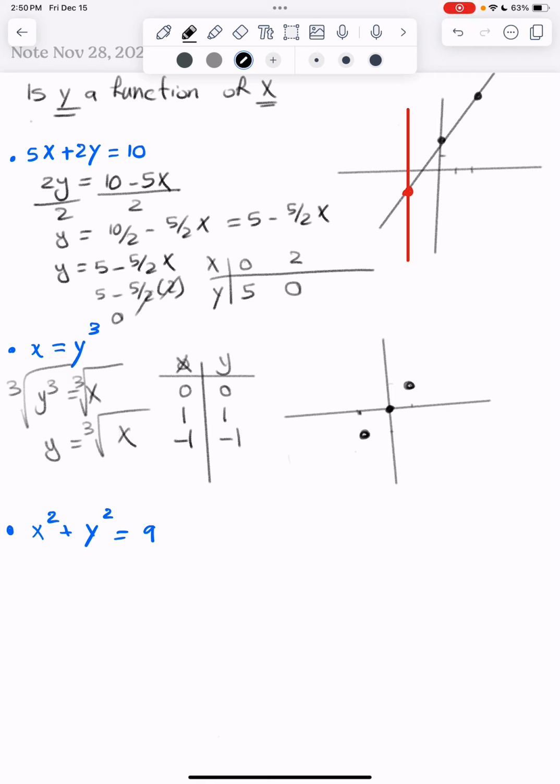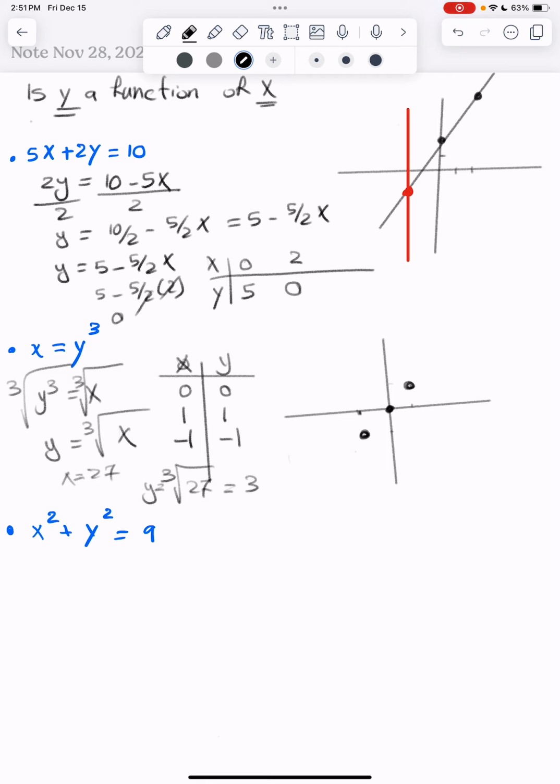So for example, let's say x is 27. Now y is the cube root of 27, and that is 3, right? So as x is getting way bigger, to 27, y is only getting to 3.